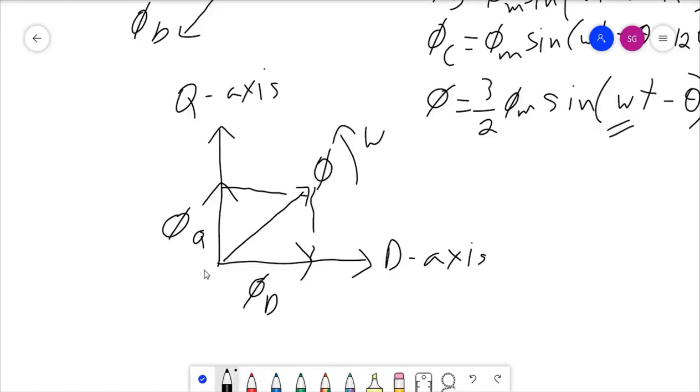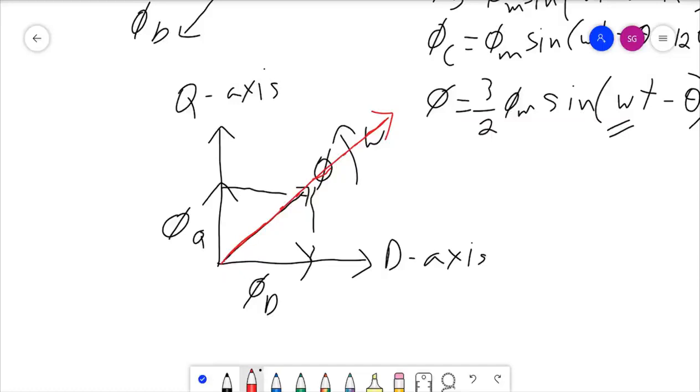Now let us sit on this flux itself. Let us talk about a reference frame which is rotating with the speed of this resultant flux and coinciding with it. So I will draw a d-axis like this.